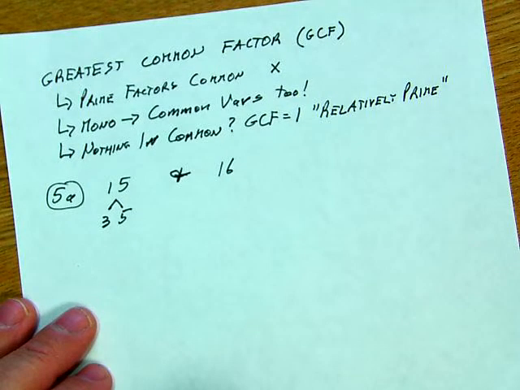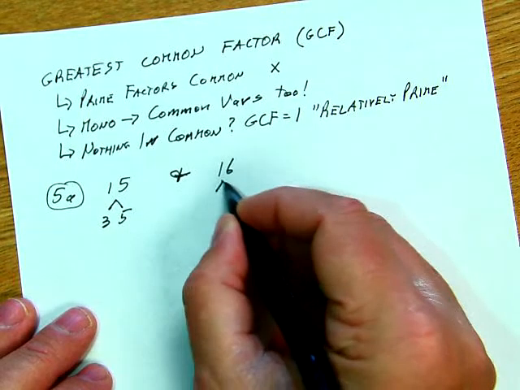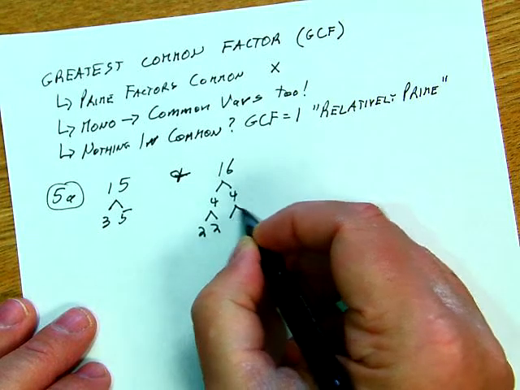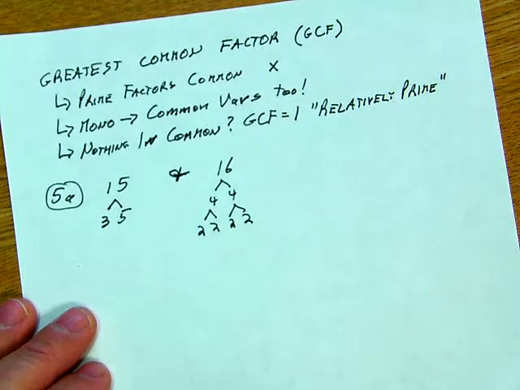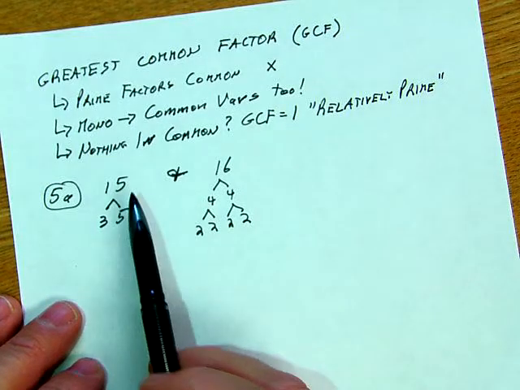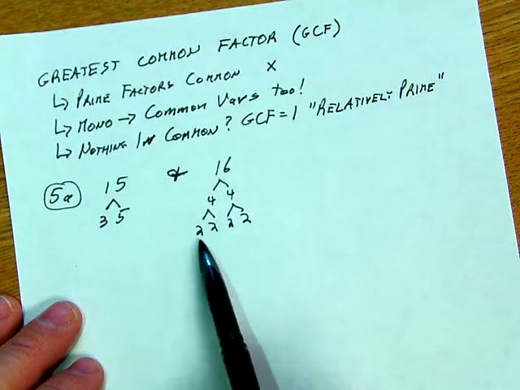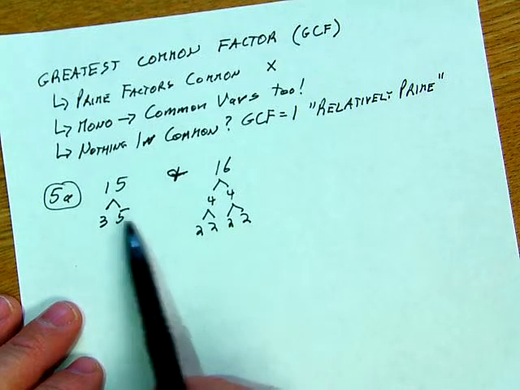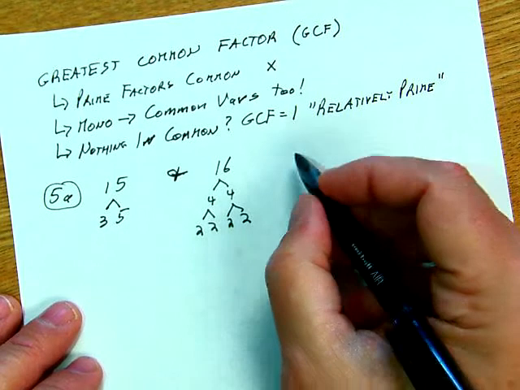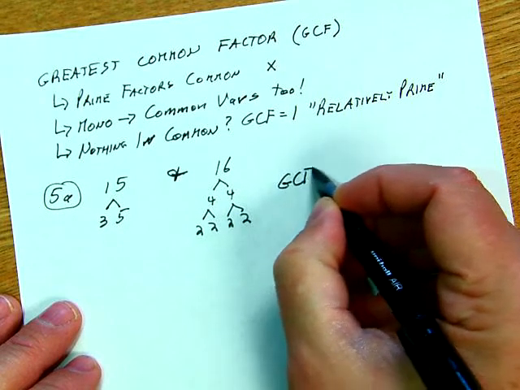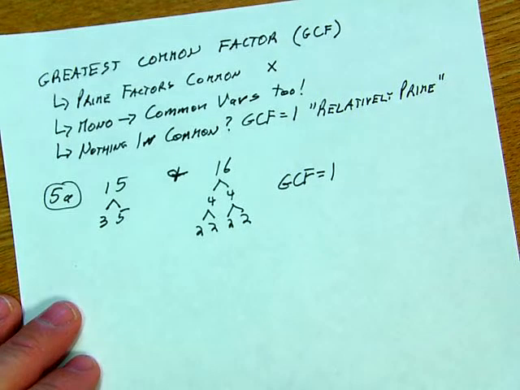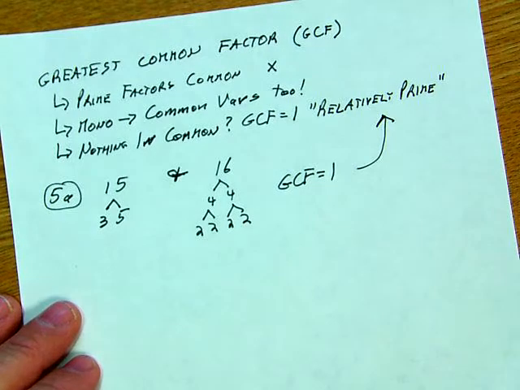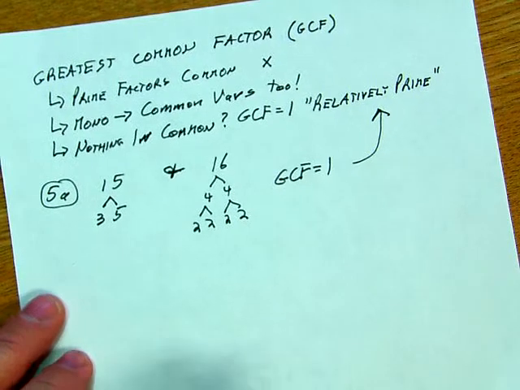And this one is 4 times 4, and then 2 times 2, and 2 times 2. I look at the factored form of each of these, 3 times 5, and 2 times 2 times 2 times 2, and I see that I have nothing in common. So since I have nothing in common, my greatest common factor is 1, and these guys are relatively prime. 15 and 16 are relatively prime.